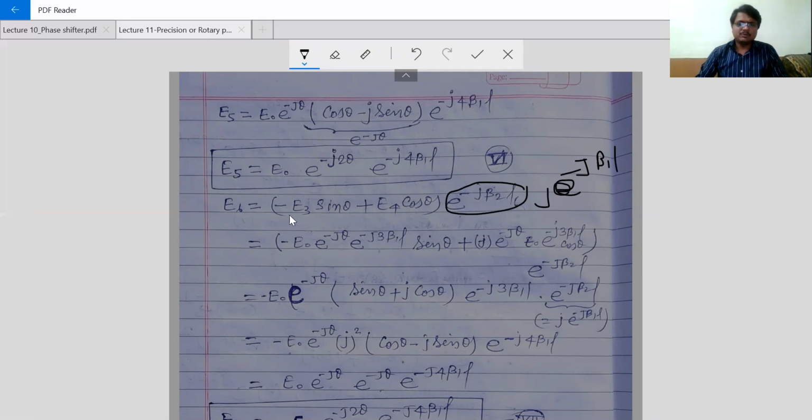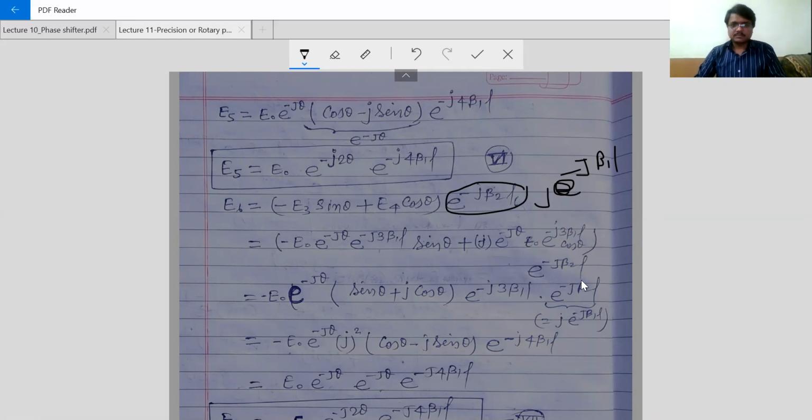And what will be the value of E3? E3 will be E naught e to the power minus j theta, from equation 4, and E4 can be written from equation 5, and that will be minus j e to the power minus j theta e naught e to the power minus 3 beta 1 l.